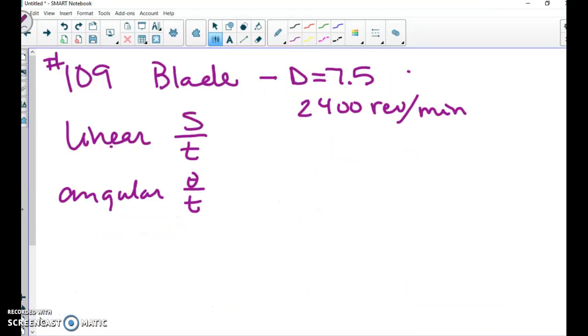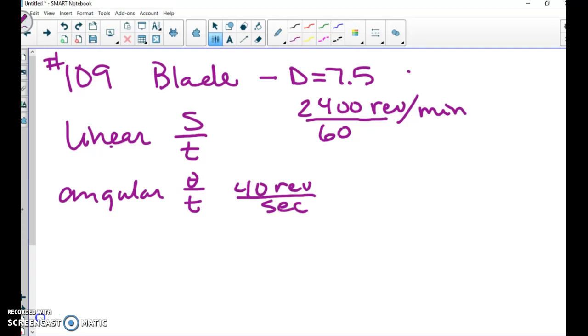So problem 109, talking about a saw blade, a diameter of 7.5 inches, I believe. Yes, and 2,400 revolutions per minute. The first part, A, asks us for an angular speed. So we're going to take that measure theta over time. And here's what we know. We have 2,400 revolutions per minute. So that's 2,400 per 60 seconds, giving us 40 revolutions per second.